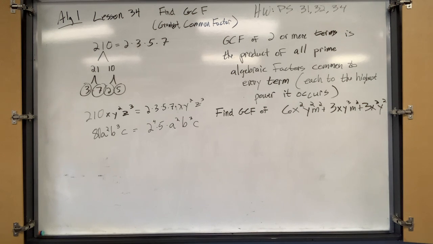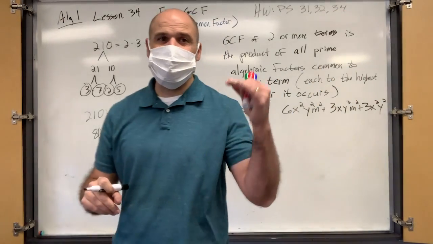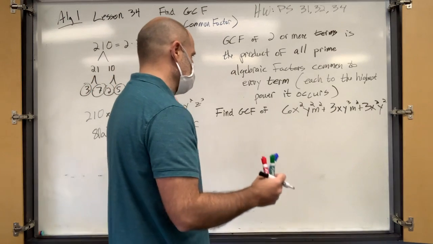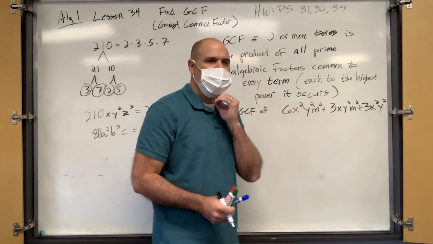So, I'm looking for all the prime algebraic factors, literal and numerical, common to every term, each to the highest power it occurs. So the highest it occurs in every single term, not the highest it occurs total, but in every term. Okay?